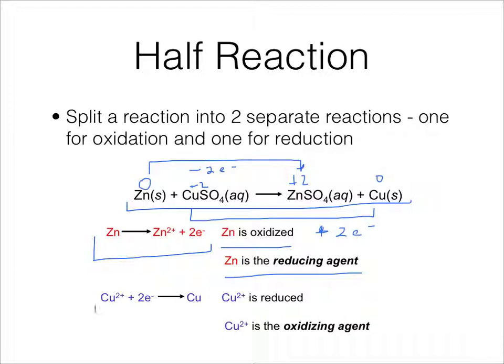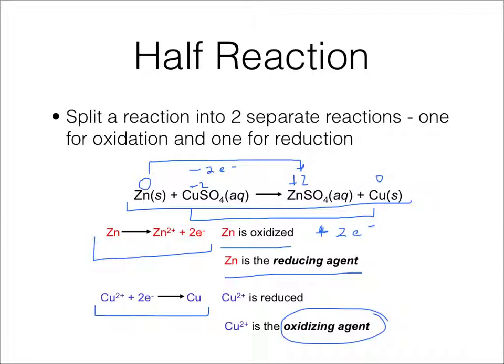And we can split that copper half reaction into the copper 2+ gaining 2 electrons to make copper metal. In this case, gaining electrons means that the copper is reduced. Since it is reduced, it must be causing oxidation, or is the oxidizing agent. Half reactions become a lot more important when trying to balance redox-style reactions.